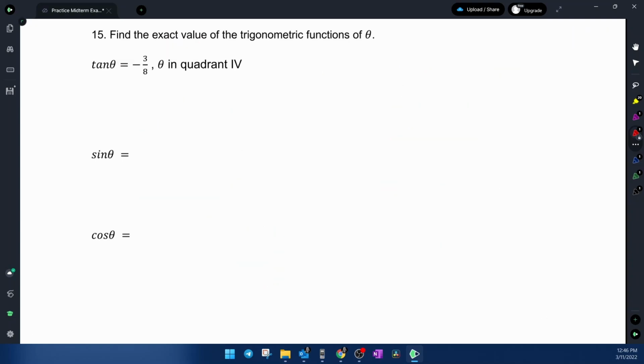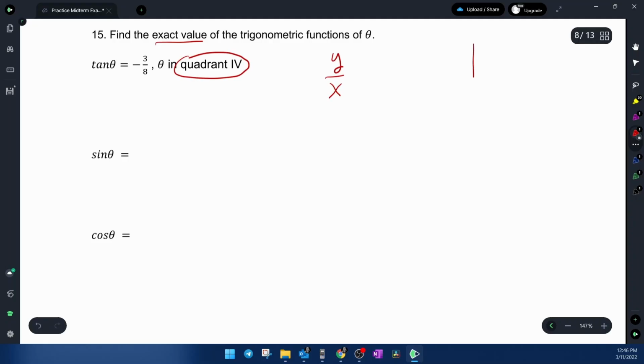Next, number 15, find the exact value of the trigonometric functions. Here we want sine and cosine. We are given that tangent is negative 3/8. Remember that tangent is y over x. And we're also given that our angle is in quadrant 4.